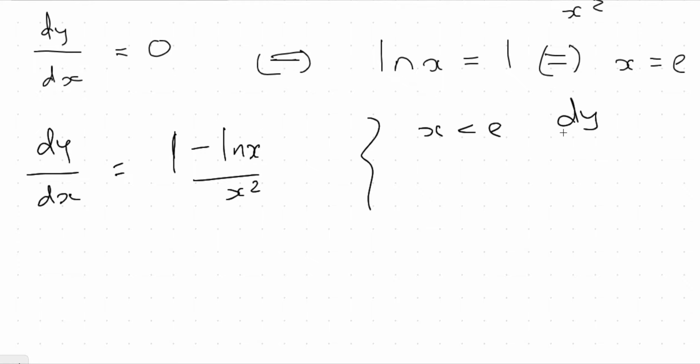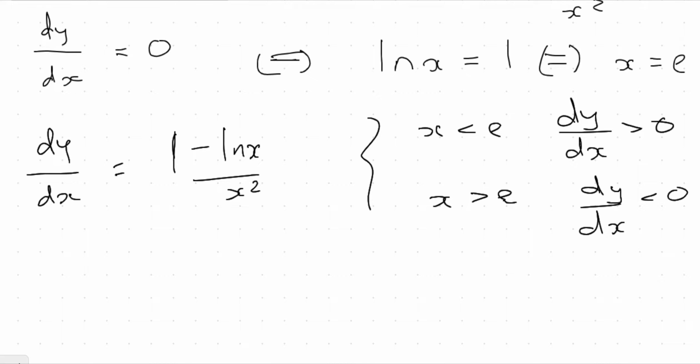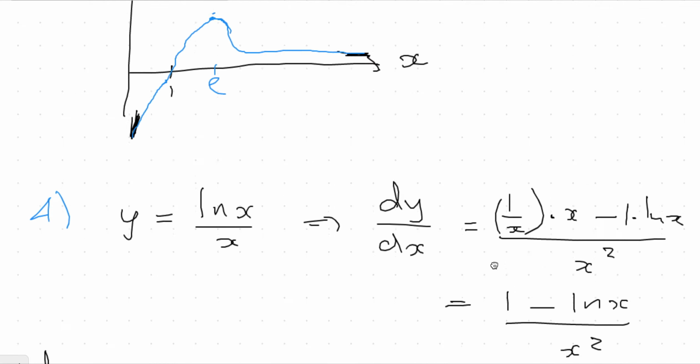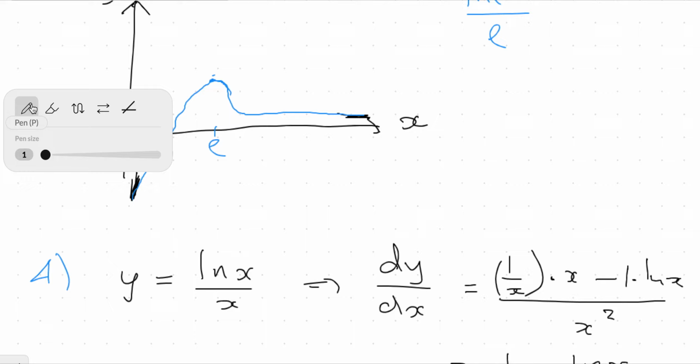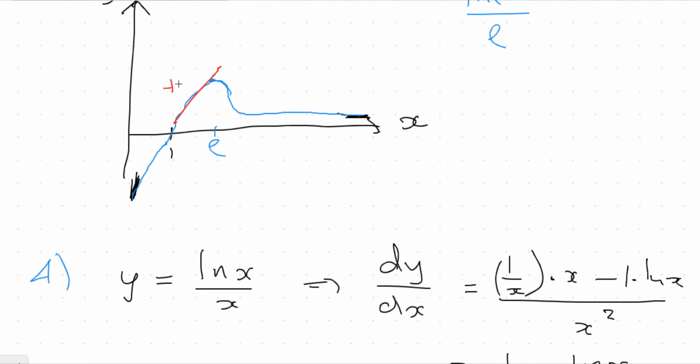So that means the derivative is going to be positive. And when x is greater than e, log x is going to be more than 1, so the derivative is going to be negative, which is indeed consistent with this graph we've got here. We do precisely have a positive slope before x reaches e and a negative slope after that. So that is the graph.